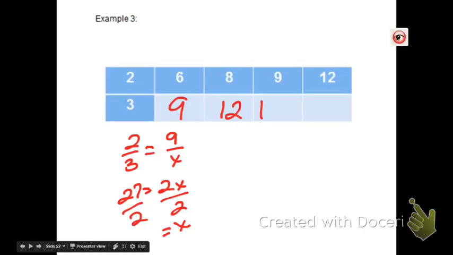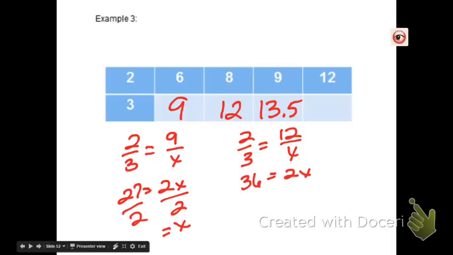You see why I'm telling you you need to solve them using a proportion, because it's easy to make a mistake otherwise. Okay? So the last one is 2/3 equals 12 over x. 2x equals 36. That one's easy. Divide by 2 on each side and we get what? 18. Okay? Questions about that one?